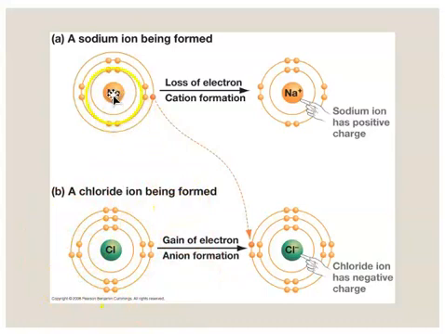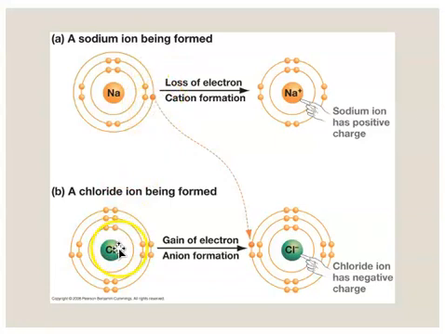If you look, the sodium has an atomic nucleus, just like all atoms do, and then it has these concentric rings around it. These are the electron shells. Notice that there's a pair of electrons in the first shell. There's 1, 2, 3, 4 pairs in the second shell. It's the outer shell that we're interested in. That's the valence shell. And in the valence shell, there's an unpaired electron.